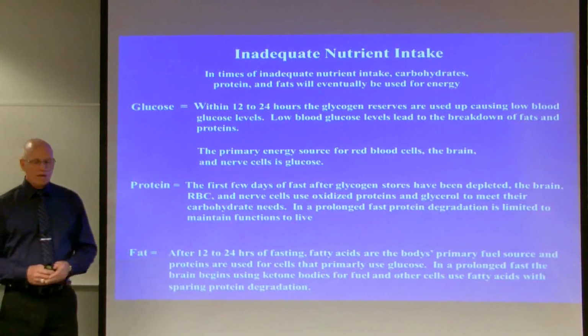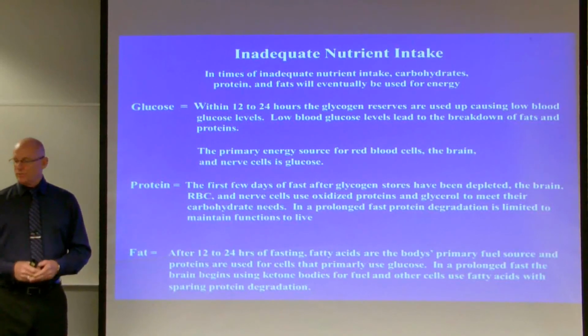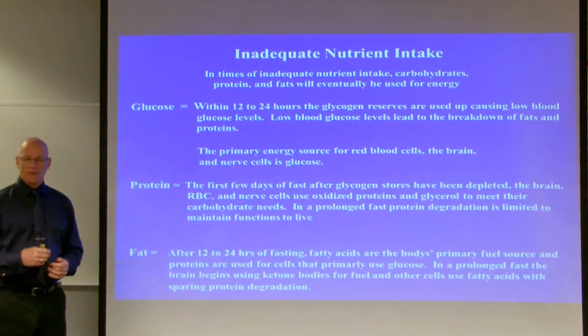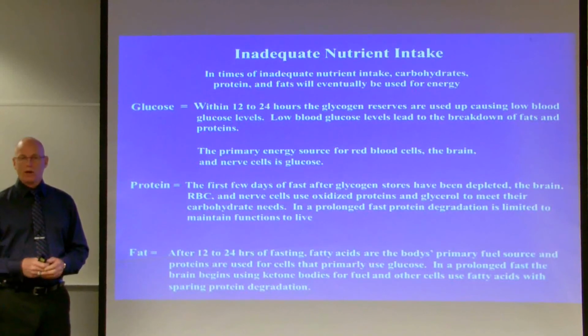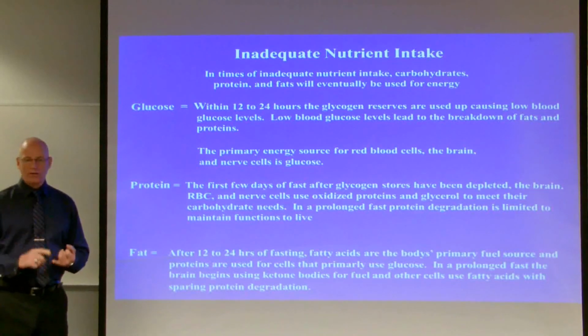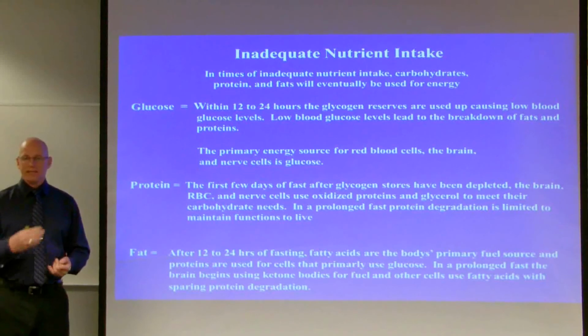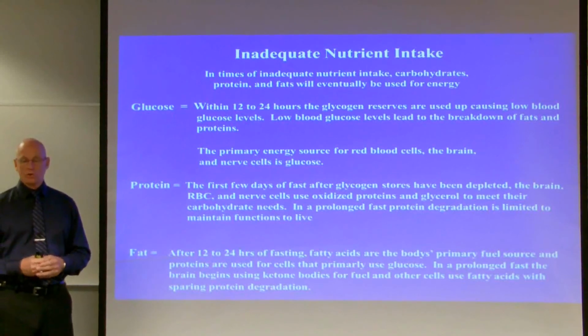Now, after a few days, like I said, the proteins will start making glucose, a glucogenic process, because the brain, red blood cells, and the nerve cells need that glucose. They prefer glucose.